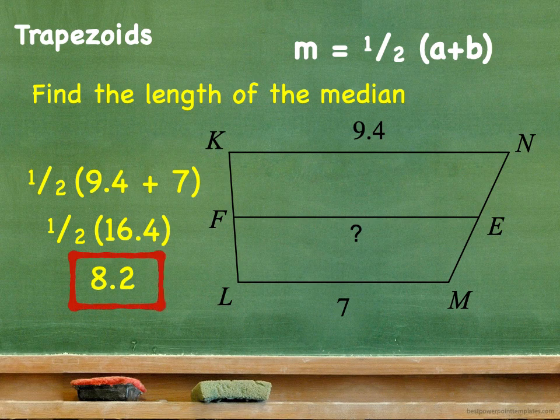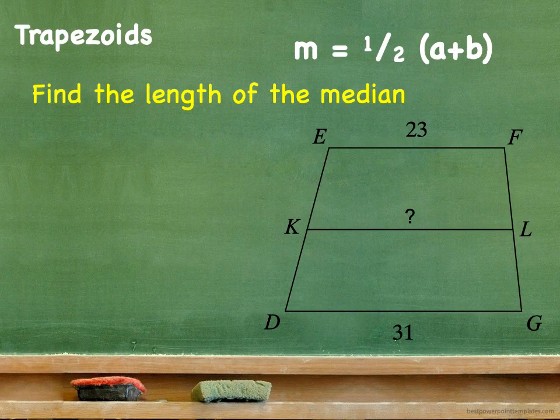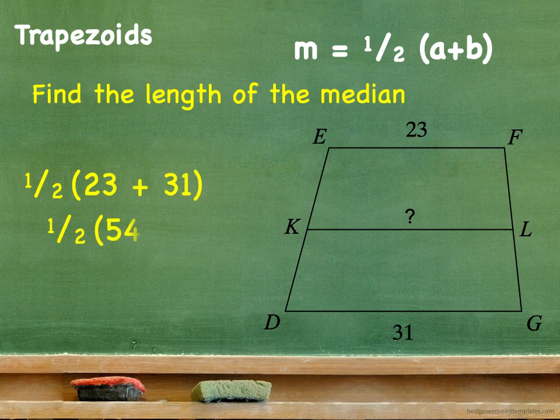So F to E is 8.2 units. I can work another one. I'm going to add 23 and 31 and divide by 2. 23 and 31 is 54. Half of 54 is 27. So K to L is 27 units. We are done for the day.